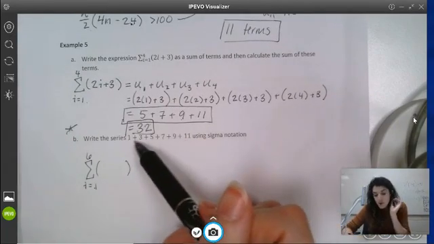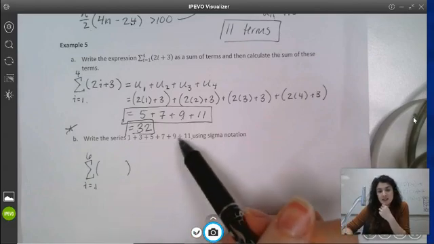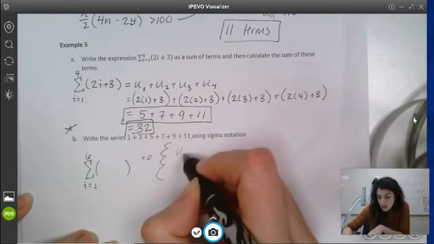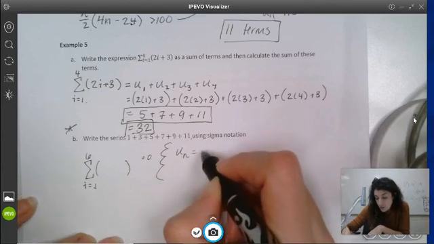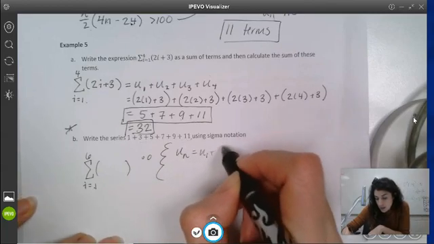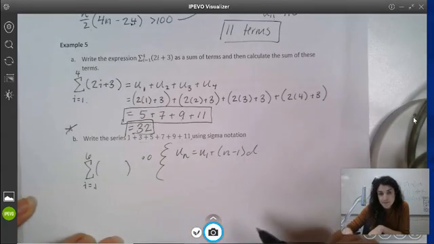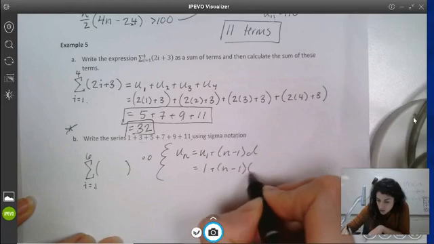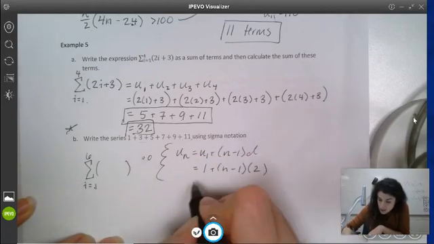Then we just need to have the formula that represents this situation. So our thought process here is, okay, well then u sub n equals u sub 1 plus n minus 1 times d. Okay, well, u sub 1 is 1, n minus 1, d we add to every single time.